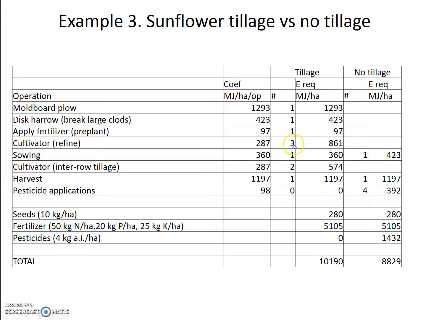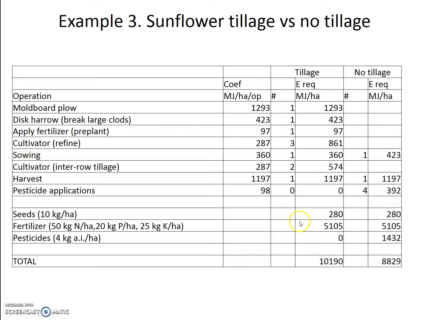And this is the number of operations when we perform tillage or we perform no tillage. When we perform no tillage, we now only sow, we harvest, and we apply pesticides. The fertilizer is applied during sowing. In fact, it requires more energy than the conventional sowing.